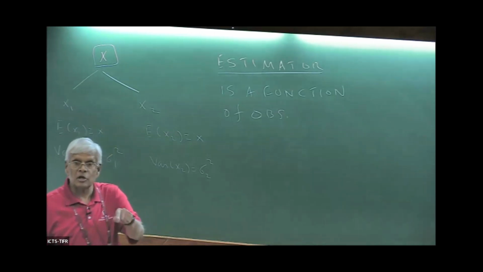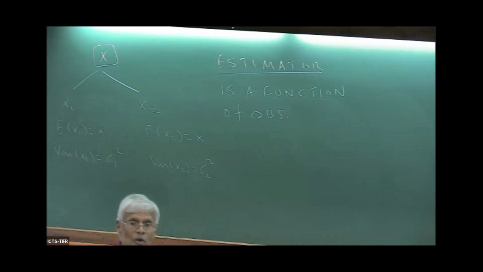The estimator is going to be a surrogate for the unknown. You are going to gain knowledge about the unknown through the estimator. I don't want to repeat this. I'm sure you have heard it a million times.